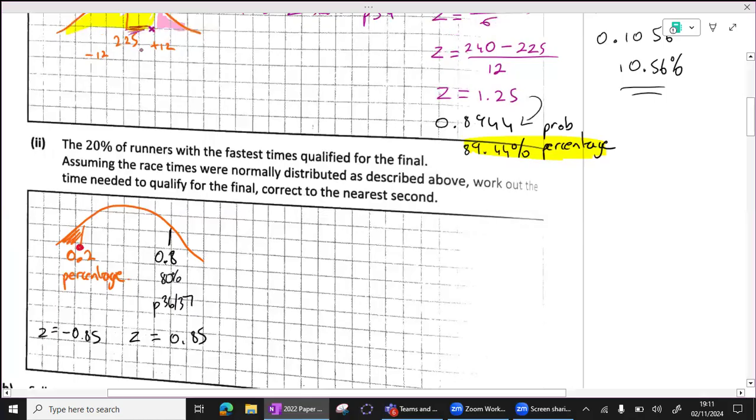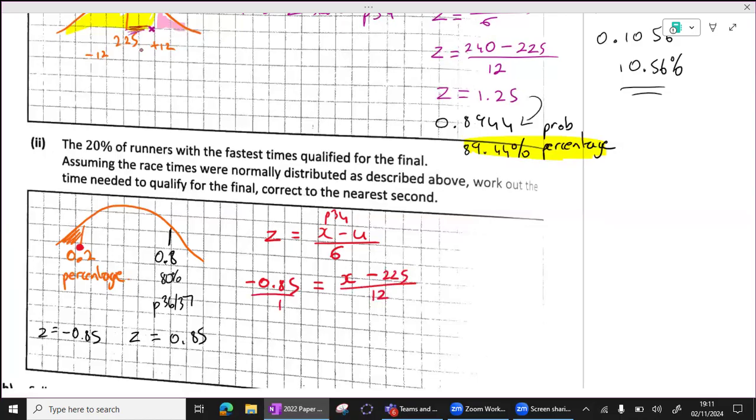I go back to what I normally do for my z-score. Remember our formula. Again, if you've forgotten it, it's page 34. It's called your standardizing formula or your z-score, whichever way you want to think of it. And this is the formula. So my z-score is -0.85, and X is the mystery. I don't know what the score is, but I do know in this question my mean is 225 and my standard deviation is 12.